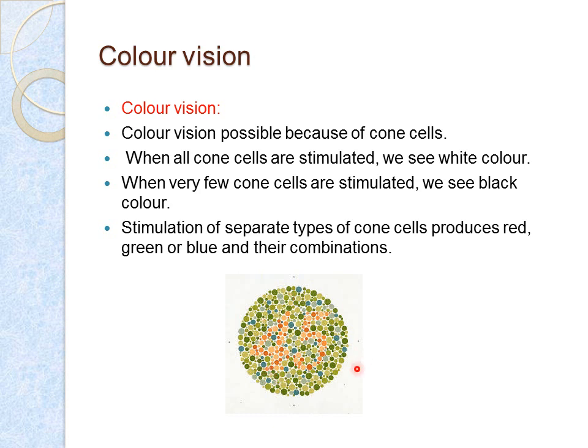Those persons who have a problem in their cone cells will not be able to view these colors differently. They will either see it fully red or green or blue, so the distinction between these three colors will not be visible to them. In that case, these people are color blind. If you are able to read this, you have normal vision.